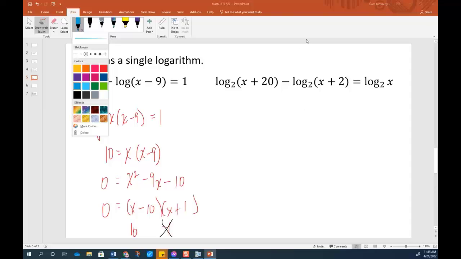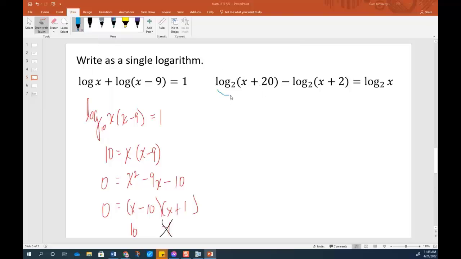You can, like I said, there's a lot of approaches that work as long as you're just applying the rules. But if I just combine those 2, then I'll end up with log base 2 of x plus 20 over x plus 2 is equal to log base 2 of x.